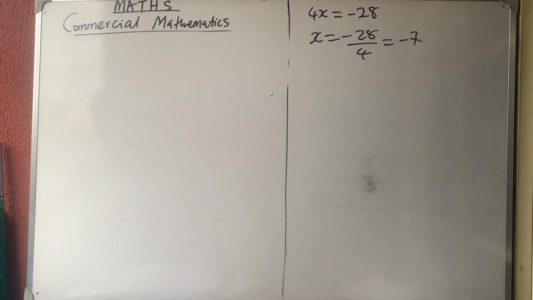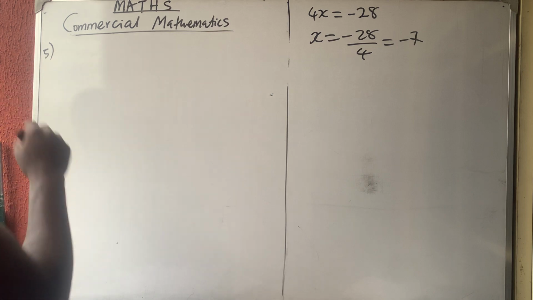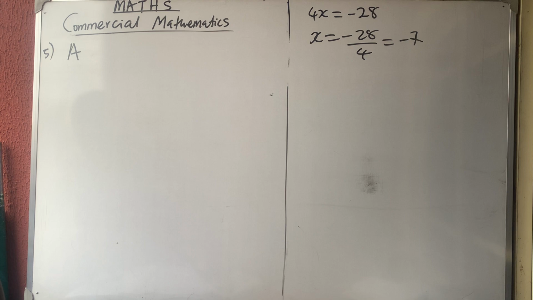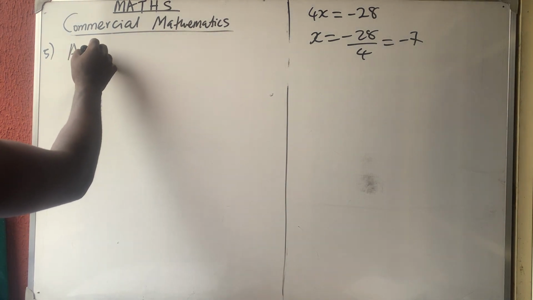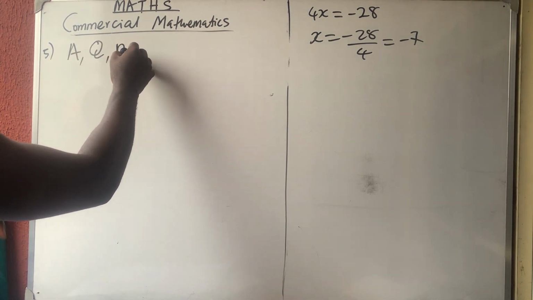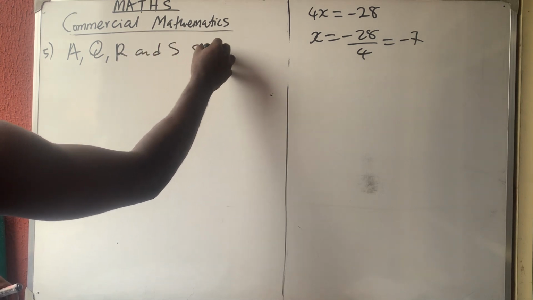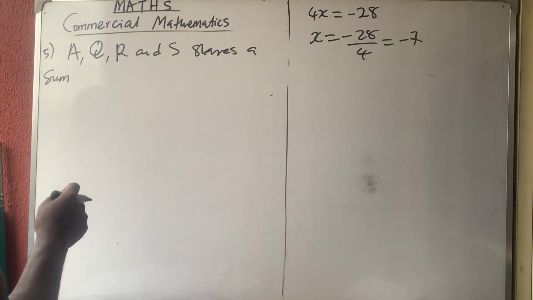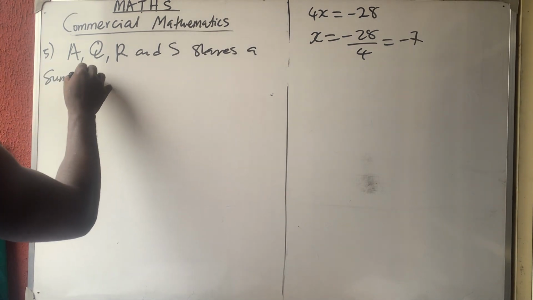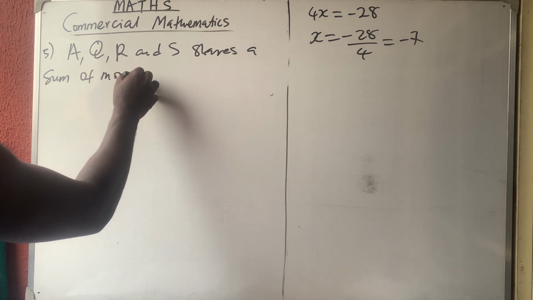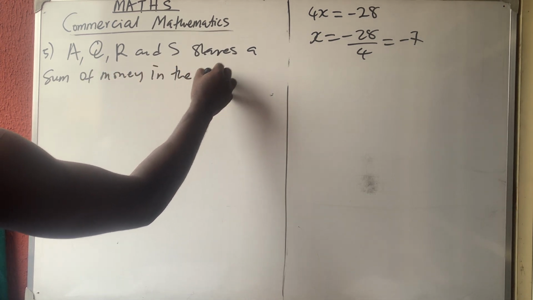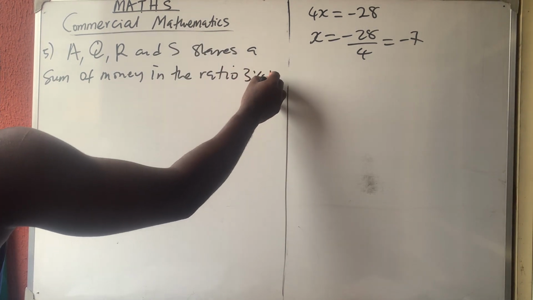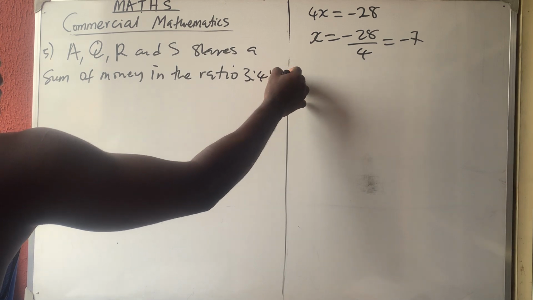So the next question, that is question number anything, maybe I think number 5 or so. They say that P, Q, R and S shared a sum of money in the ratio 3:4:6:7, right?